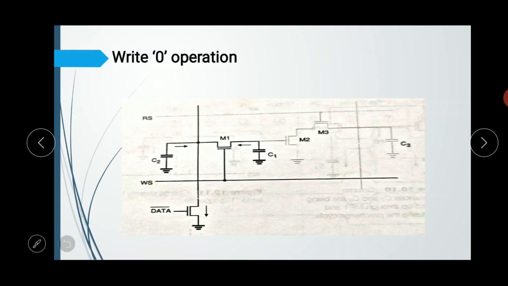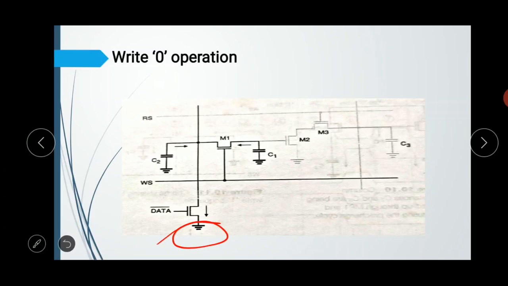See here, the arrow mark is given. So C1 and C2 will be discharged, or decreased, to logic 0 through M1 and the data write transistor, meaning it connects C1 and C2 through M1 to ground.